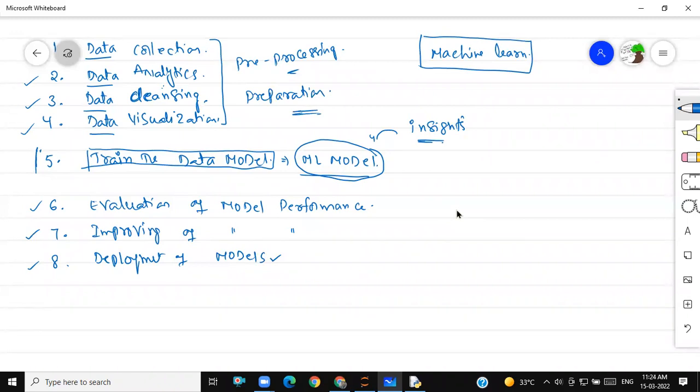Training the data model is done by the machine. The model will be created by the machine. How good the model is working, evaluate it. If it is possible, improve it. And at the last, we have to do deployment of the models. So out of these 8 steps, only the 5th step is done by the machine. The remaining has to be done by the user itself.